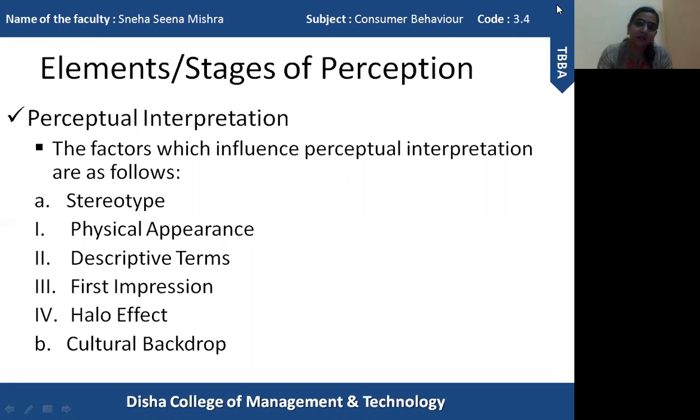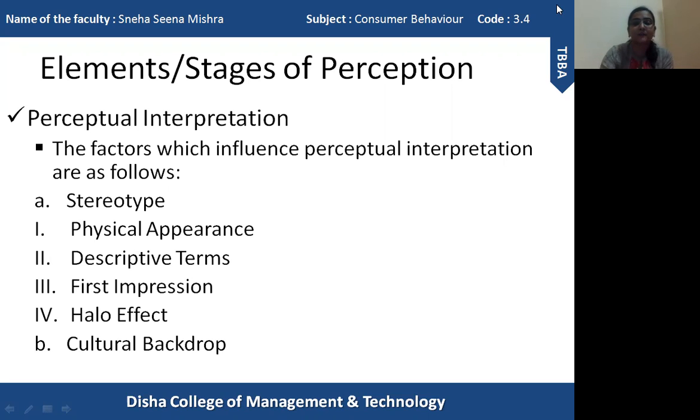But the same product may not be sold in other countries where fair skin is not at all important for them based on their culture. So that's why many organizations make necessary changes in their product to fit into the culture of different countries or different regions. Okay, this is the third stage of perception, that is called perceptual interpretation.